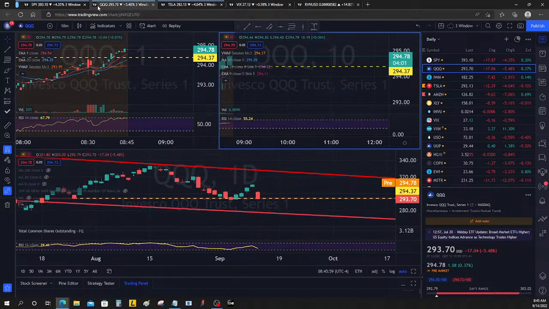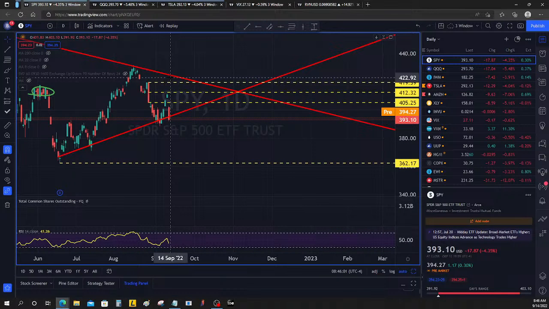Tesla, yeah, okay, so the Qs and SPY, pretty much the same story. I have this support line here on the Qs, and the Qs are opening up beneath it. I don't put as much weight on sort of ascending or descending support and resistance lines as I do flat horizontal lines.